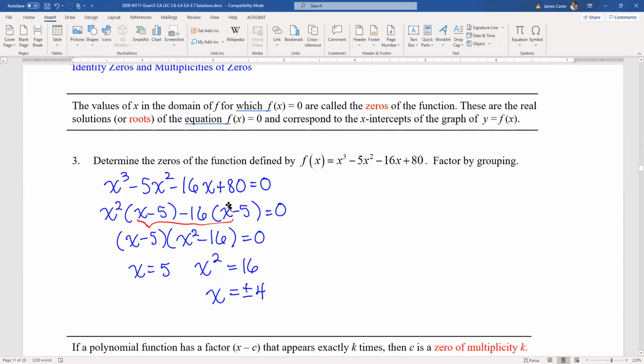You notice I've got x minus 5 both places. So I factor it out, leaving x squared minus 16. X squared minus 16 is a conjugate, so you could get x plus 4 or x minus 4. Either way, it'll ultimately come down to the zeros of plus or minus 4. The x minus 5 gives us the zero of positive 5, always opposite sign.